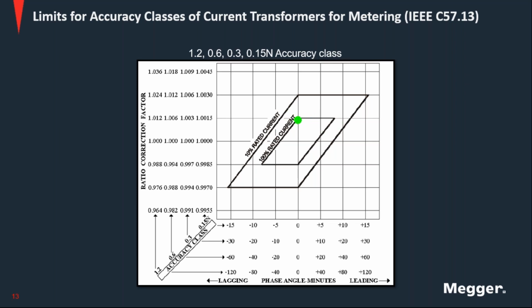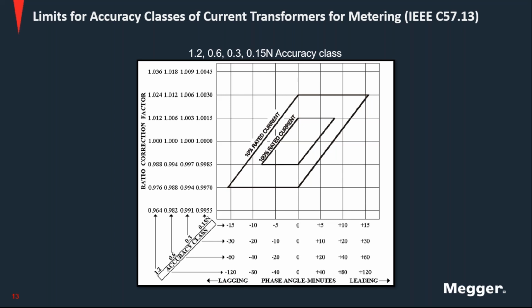So you have maximum ratio correction factor with minimum phase deviation and maximum ratio correction factor with maximum phase deviation. So those limits defined by the accuracy classes define this parallelogram, which is part of what an assessment of the performance of a CT or a voltage transformer for metering purposes needs to include.